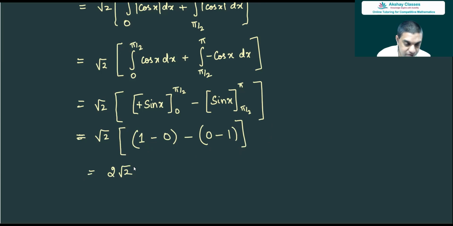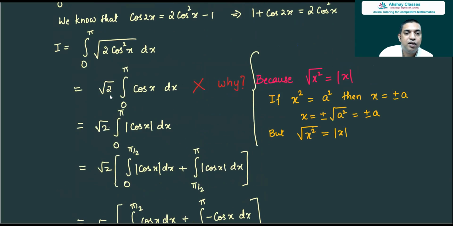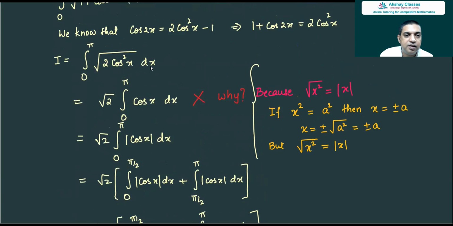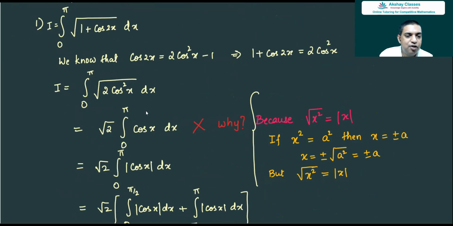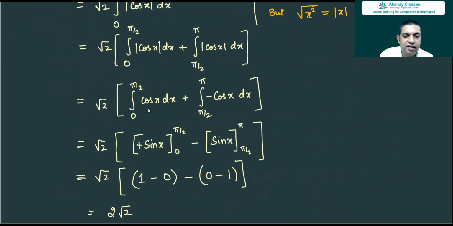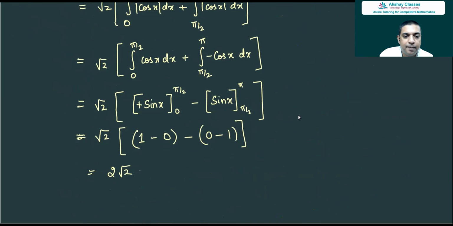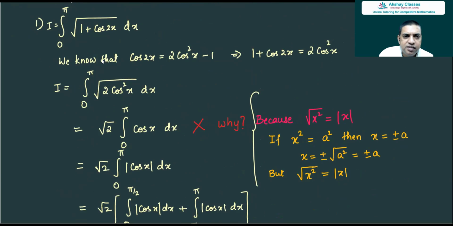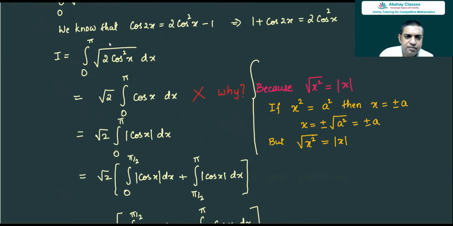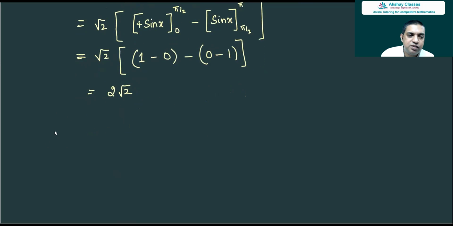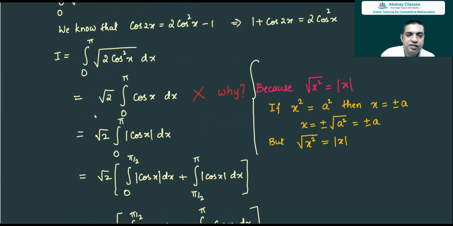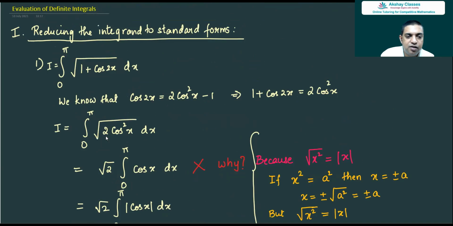The same problem, if we are not careful, we'll get answer as 0. Now there's simple trigonometric substitution and calculation. I see this question and I will directly tell the answer is 2 root 2. Why? Because first step I calculate up to here, under root of 2 cos square x.